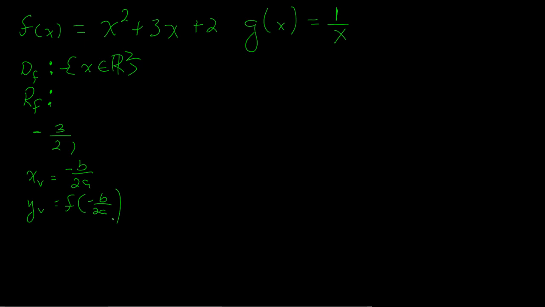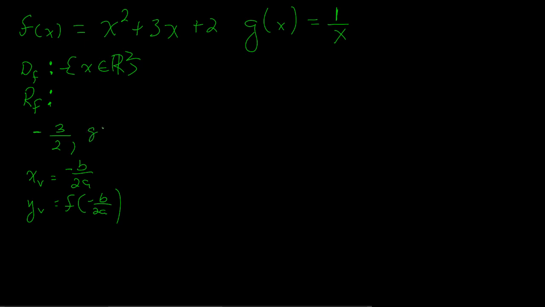And I'm grabbing my calculator here. And so (-3/2) squared plus 3 times (-3/2) plus 2 is, let me turn this into fractional form.